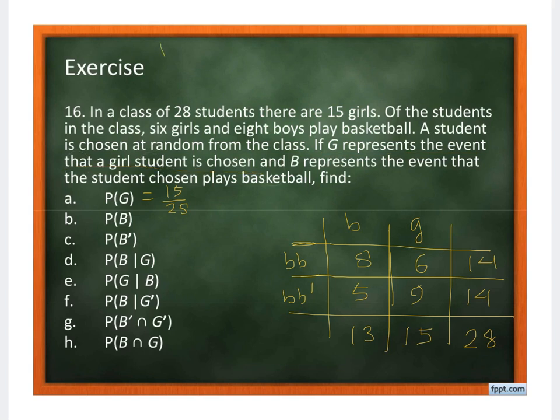For B, B represents the event that a student chosen plays basketball. There are 14 students who play basketball. 14 over 28 equals 1/2.